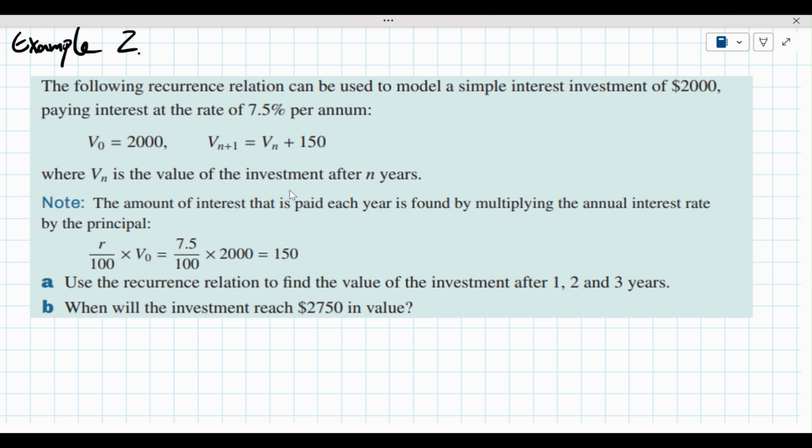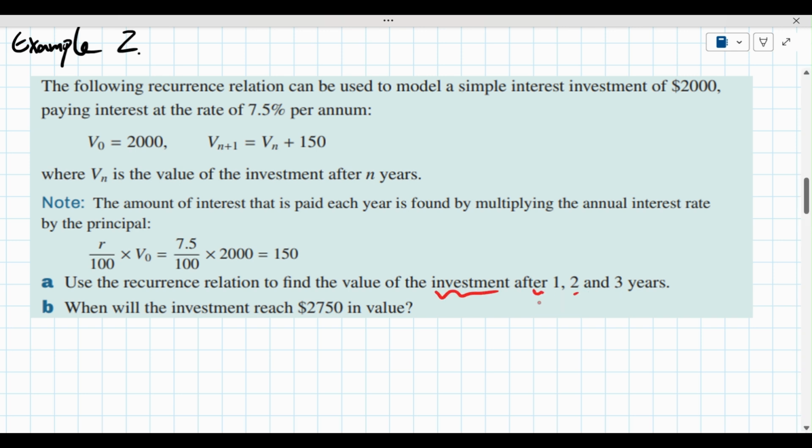First, the initial investment is $2,000, and each year we add 150, which is your interest per year. We use the recurrence relation to find the value of the investment after 1, 2, and 3 years.